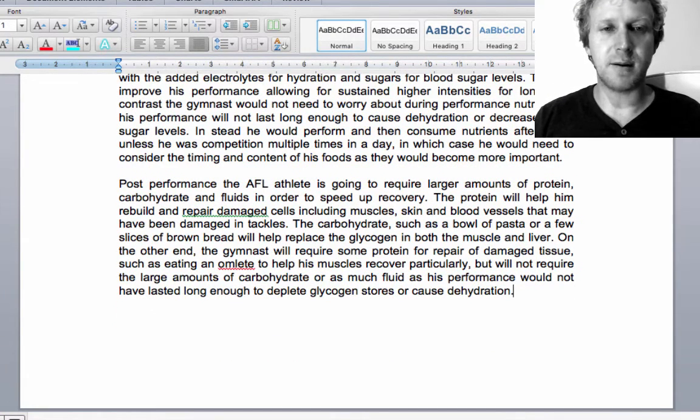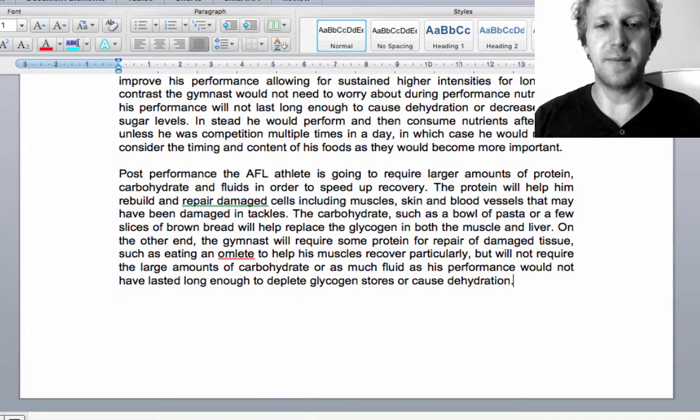Okay, so this last paragraph I'm looking at post-performance for the AFL and the gymnast. So the AFL player, he's going to need more protein than the gymnast. They're both going to need protein, but the AFL player needs more. He's also going to need lots of carbohydrates and to replace his fluids, whereas the gymnast, he's not going to need the carbohydrates really at all because his performance is not going to be long enough for his glycogen levels to decrease, and he's also not going to really have been performing for long enough to have dehydrated.